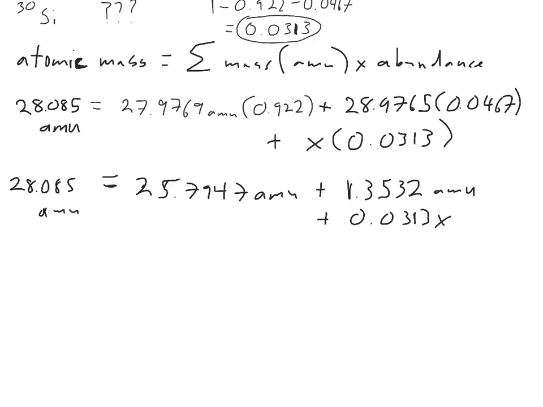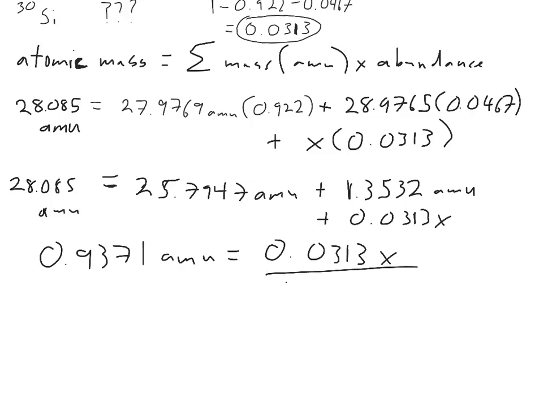The combined terms, so subtract both the combined terms, so we get 0.9371 AMU is equal to 0.0313x.